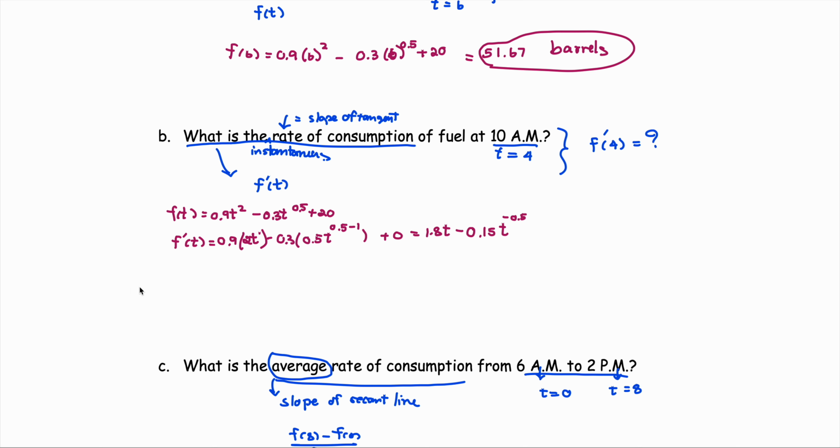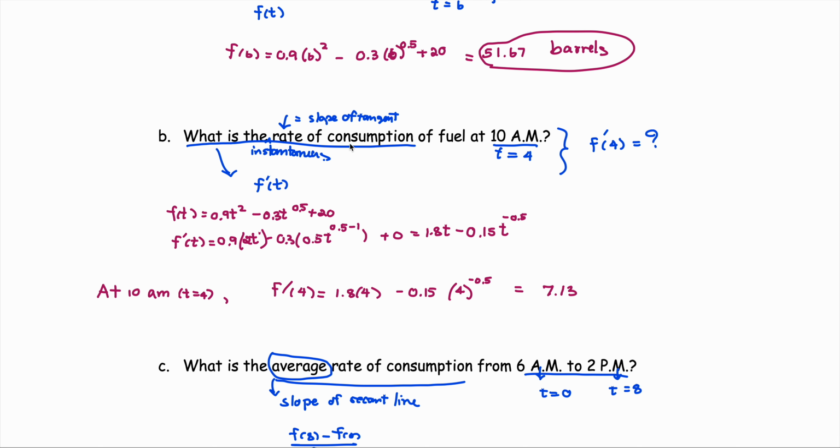We are looking at f'(4), so we're at 10 a.m. That means when t equals 4, f'(4) equals 1.8 multiplied by 4 subtracted by 0.15 times 4 to the power negative 0.5, and then put in the calculator. Again, if we leave two decimal places, we get 7.13.